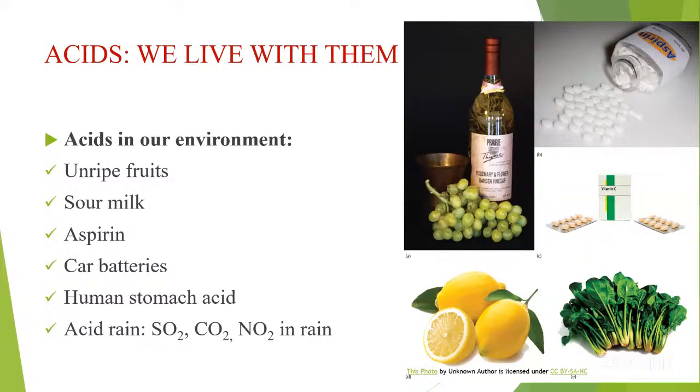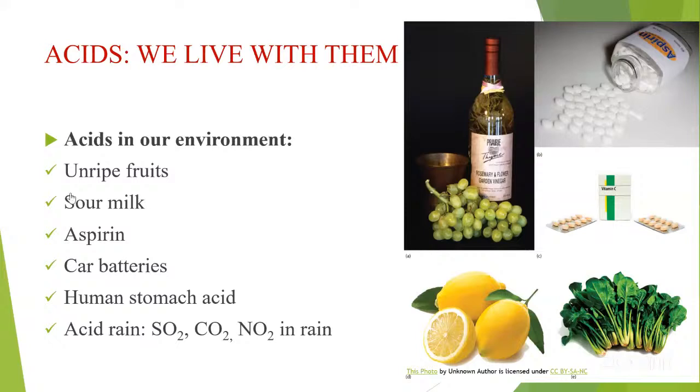So maybe one of these days when you are fetching the rainwater, if you have a litmus paper, you can just use it to test the rainwater and see whether it is actually neutral or whether something has contaminated it. Maybe we have some pollutants, some dissolved acidic gases in it.